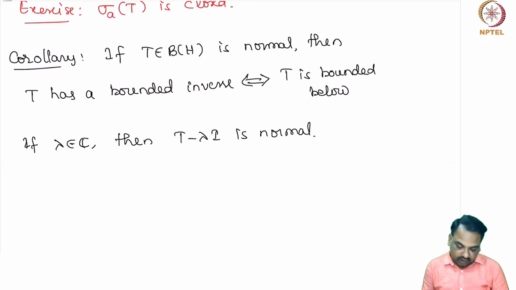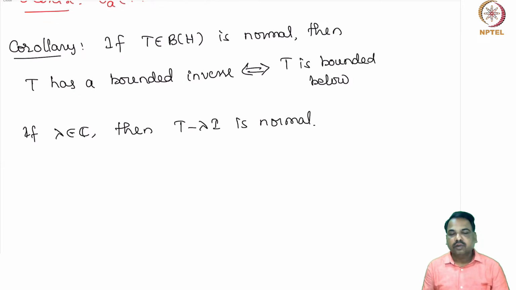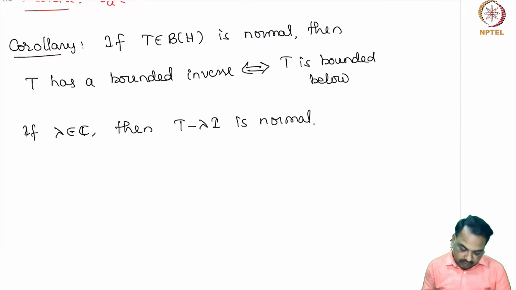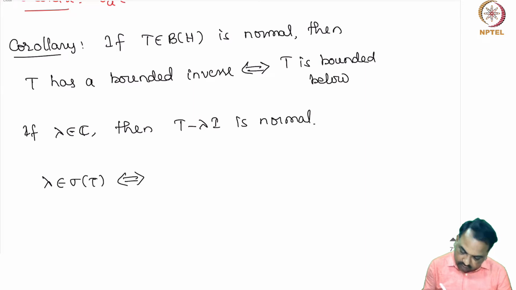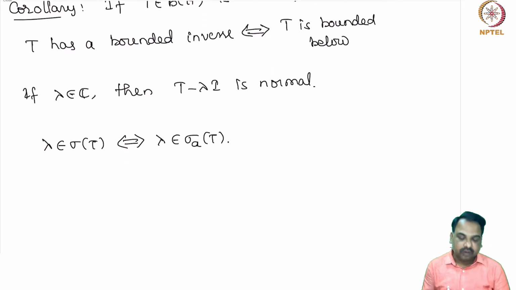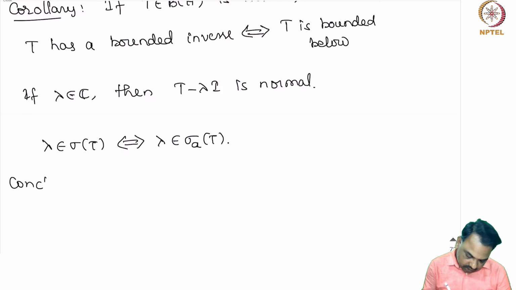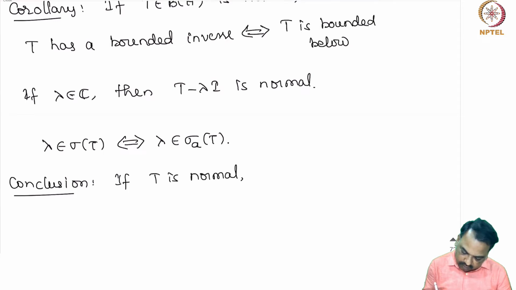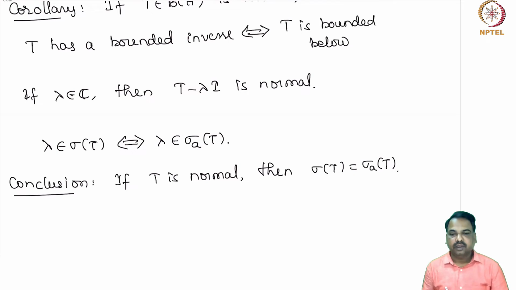So from the earlier observation we can say that T minus lambda has a bounded inverse if and only if T minus lambda is bounded below. From that we can say that lambda is in the spectrum of T if and only if lambda is in the approximate point spectrum of T. So the conclusion is that if T is normal, then the spectrum of T is exactly the approximate point spectrum of T.